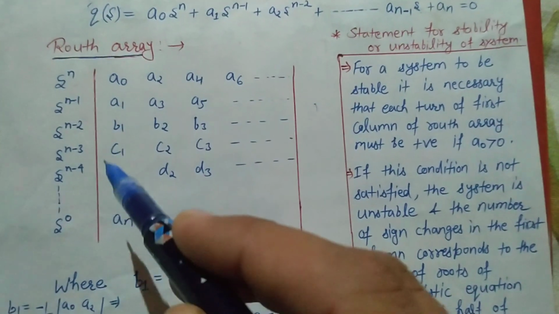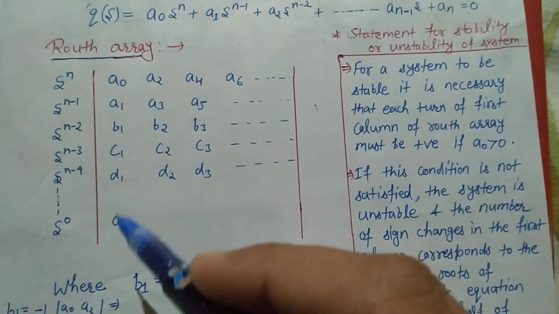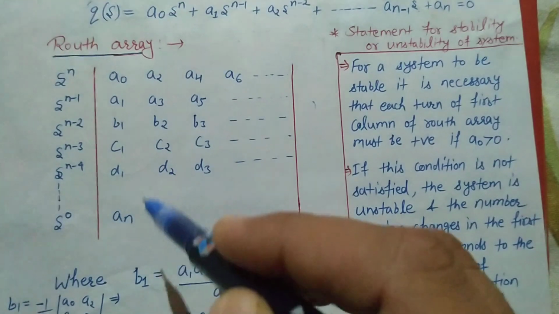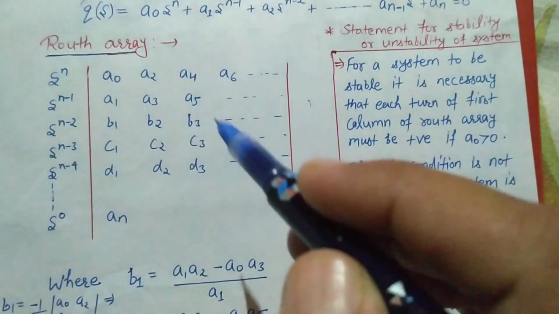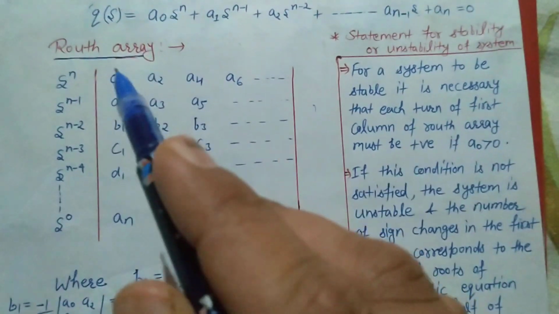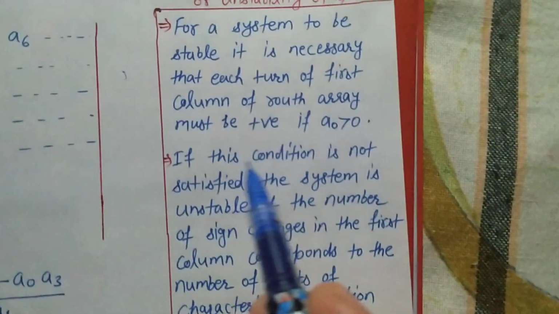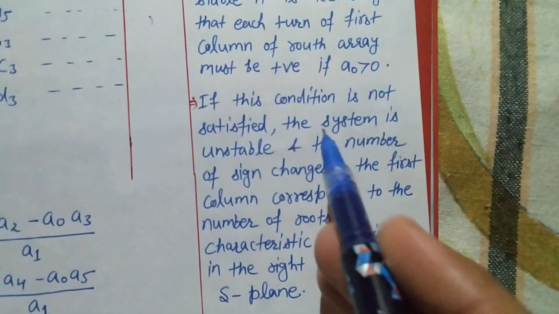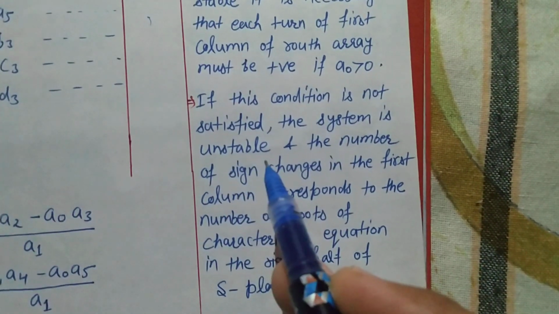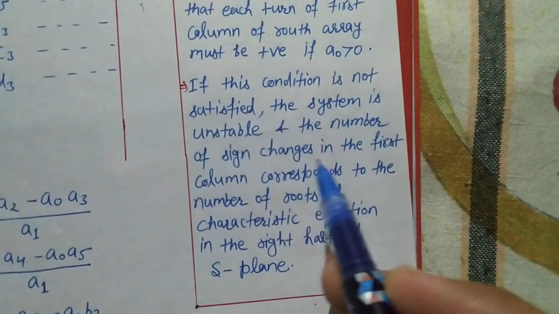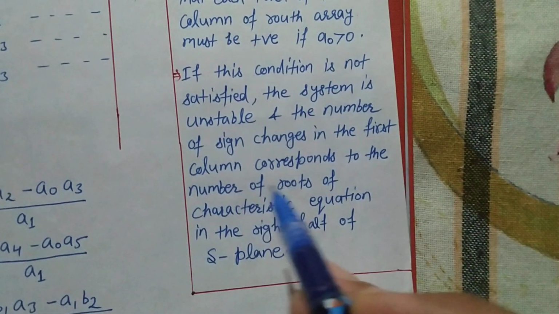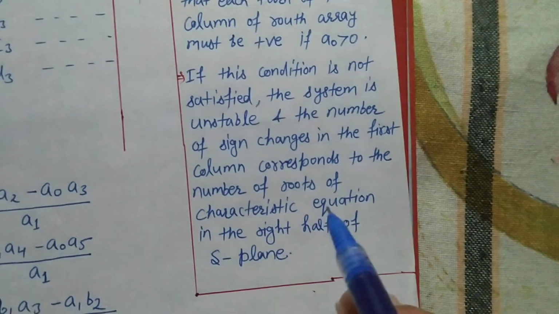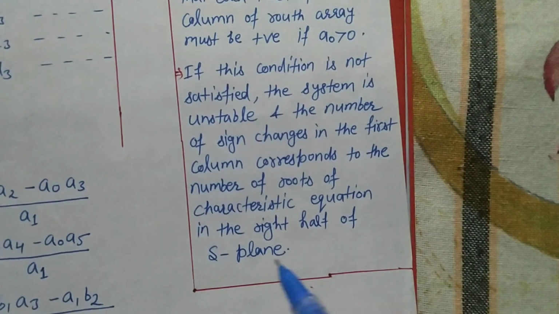All the signs should be positive. If the first column is positive, then it will be a stable system. And if this condition is not satisfied, the system is unstable, and the number of sign changes in the first column corresponds to the number of roots of the characteristic equation in the right half of the s plane.